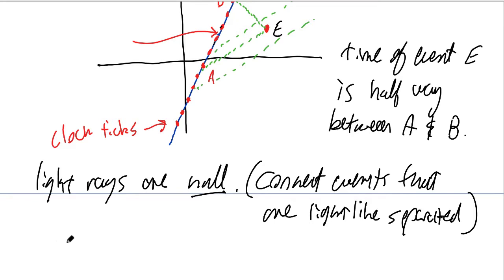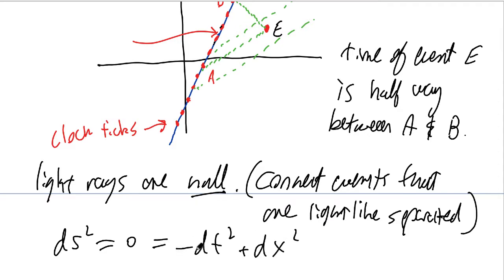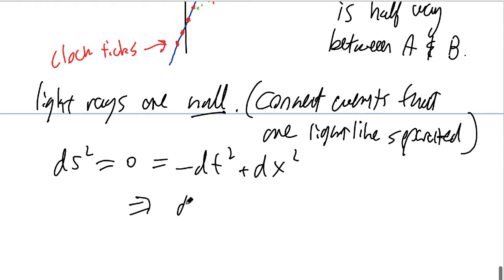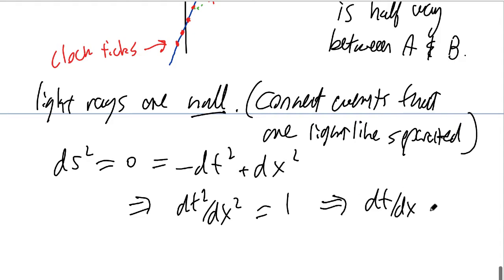Okay, so light-like separated means ds squared is 0. So in our flat two-dimensional space-time and Minkowski coordinates, that's minus dt squared plus dx squared, which tells us that dt squared divided by dx squared is 1, or in other words, dt divided by dx is plus or minus 1. So this tells us that the light rays travel with slope equal to plus or minus 1, which is 45 degrees.